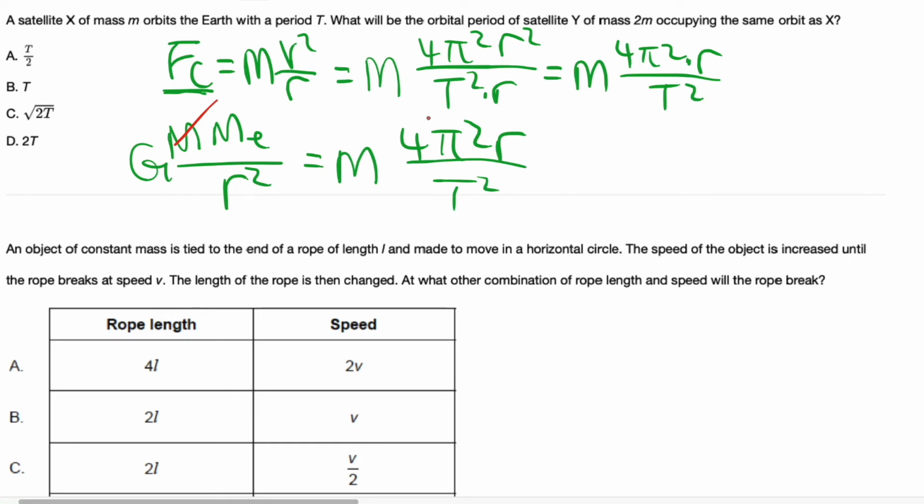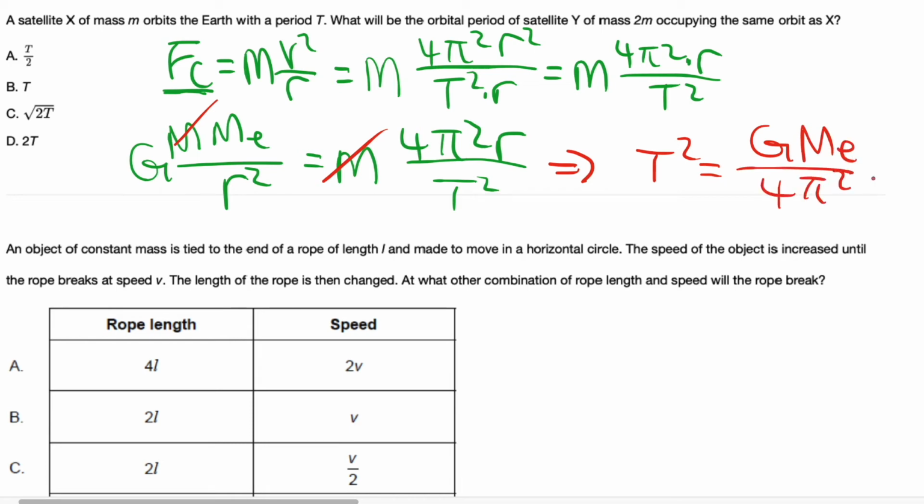So now we can cancel out the mass here, and then we can solve for T. So T squared is going to be equal to G constant multiplied by mass of Earth divided by 4 pi squared multiplied by r cubed.